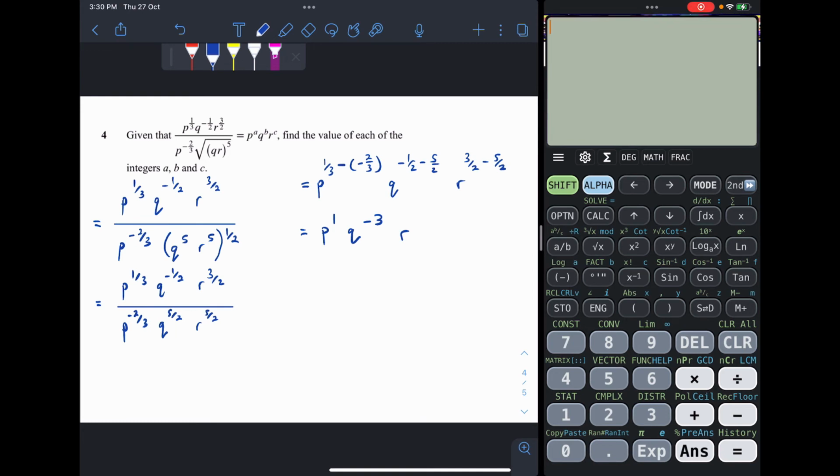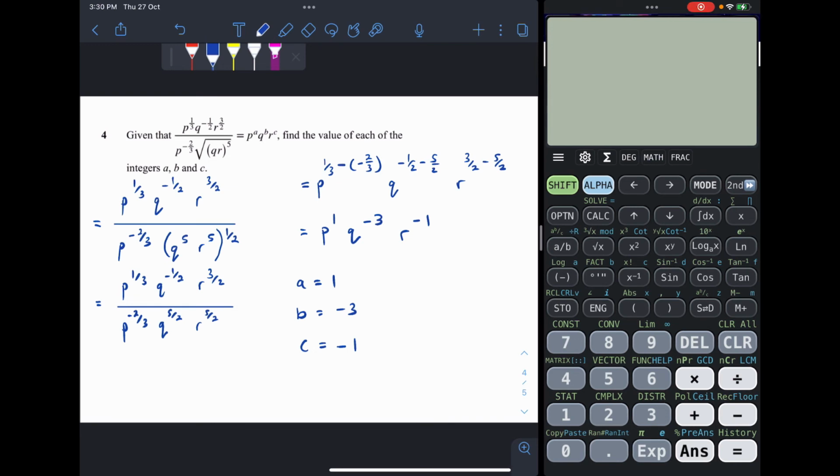So that means it will just be -1. All right, so we've got all our values. A is 1, B is -3, and C is -1. And voila, we are done. Oops, not R equals -1, C equals -1.